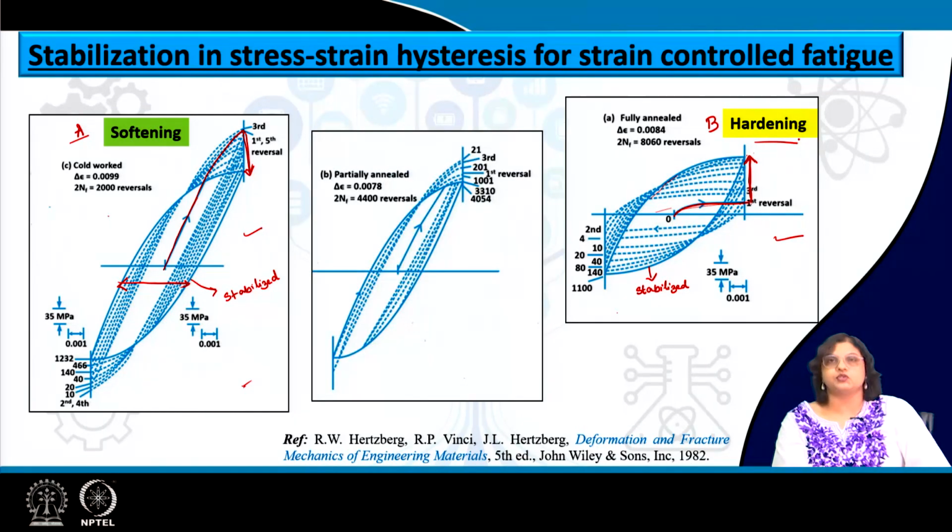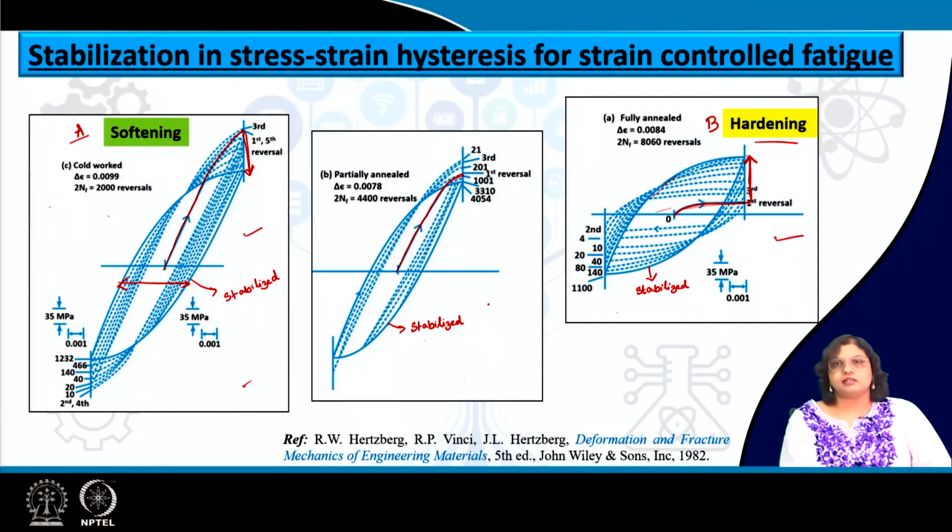There could also be situations for certain materials when the first cycle, in this case somewhere here, and the stabilized one, you can see the solid lines here, are more or less tallying with each other. So, that means that it is a kind of neutral. There is no softening or hardening that is typically seen in such a condition.